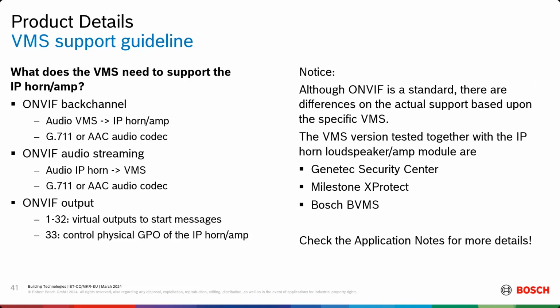You need ONVIF audio streaming for the audio from the IP horn to the VMS. Also here, the audio codecs G.711 and AAC can be used. And you need ONVIF output. So again, 1 to 32 are the virtual outputs to start messages, and the 33rd controls the physical GPO of the IP horn or amp.